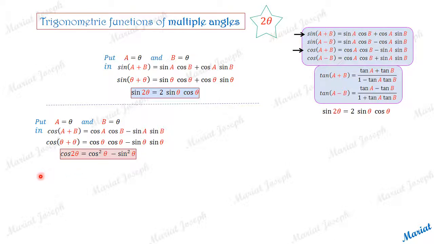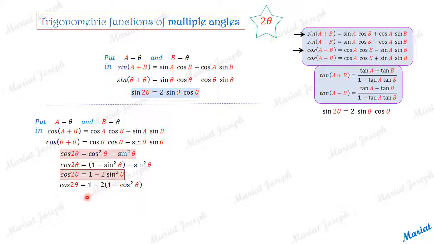This formula can be rewritten in terms of sine theta alone by using the well-known identity cos square theta is 1 minus sine square theta. By simplifying this, RHS becomes 1 minus twice of sine square theta. This also is used as another formula for cos 2 theta. Sometimes we change the sine square theta in terms of cos square theta using the same identity, sine square theta plus cos square theta equal to 1.